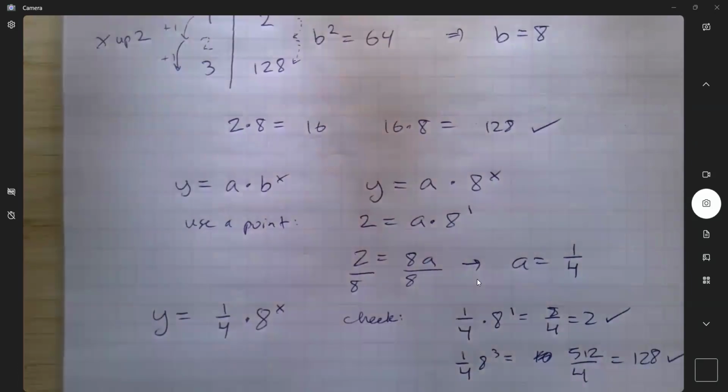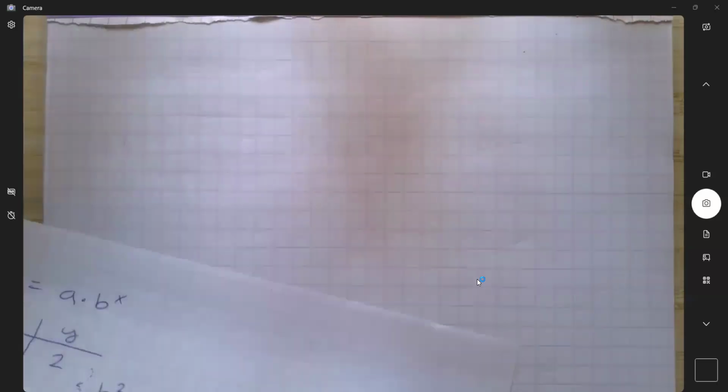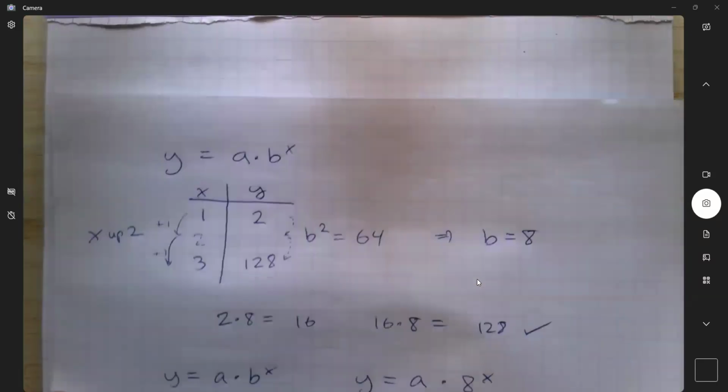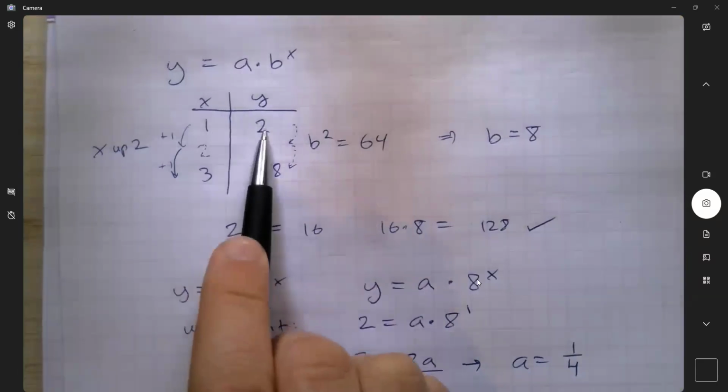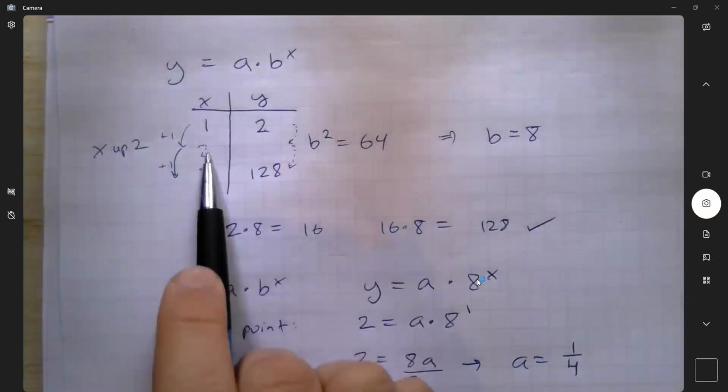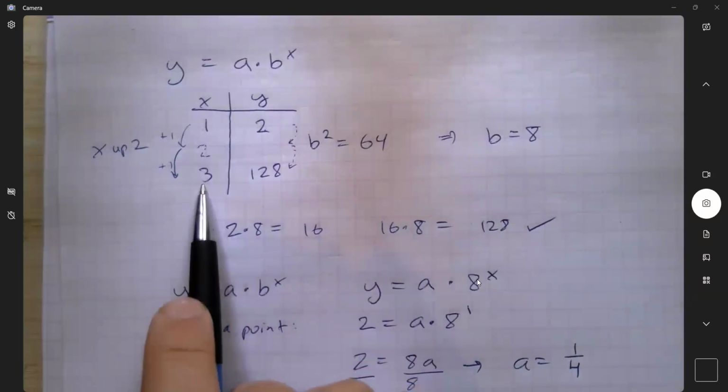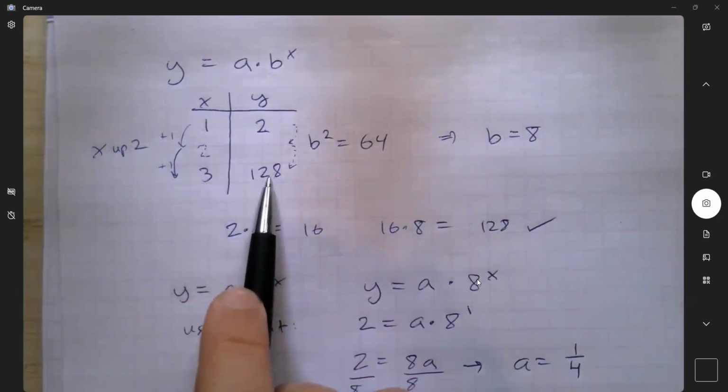I'm going to do another one because it just takes practice. I'm happy to show you a couple of these examples for practice. These do come in handy when we're solving in real situations because you might imagine that you were supposed to measure your population of, I don't know, rabbits on day 1, but you got sick, so you didn't measure it on day 2, and you came back on day 3 and there were 128 rabbits.